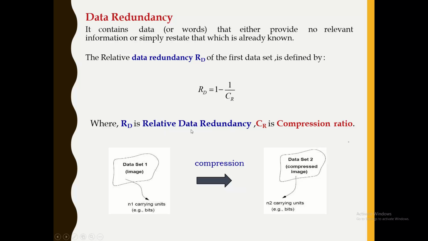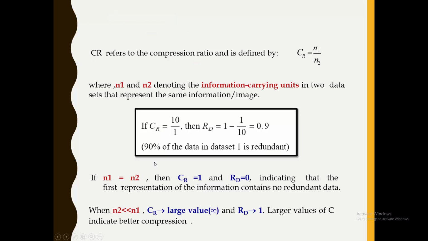RD is the relative data redundancy and CR is the compression ratio. For example, data set 1 or image 1 carries n1 bits, while when we compress this data set, it carries n2 bits. So the compression ratio is n1 by n2.